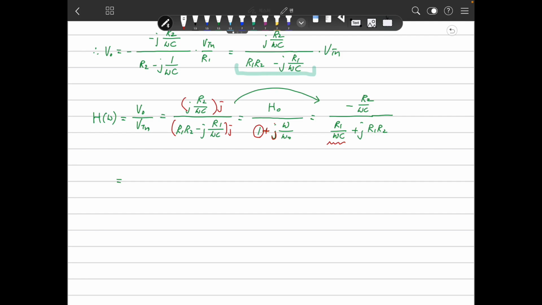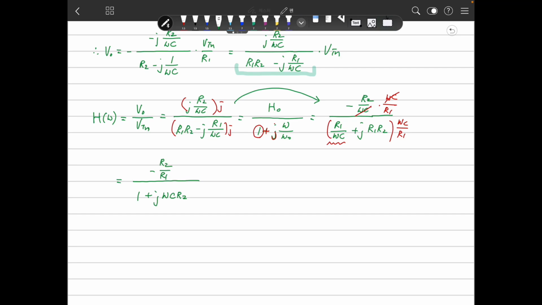So what should we do? Then we multiply R1 omega C and R1 omega C, and eliminate in this manner. So the result is 1 plus j omega C R2 over minus R1 R2.